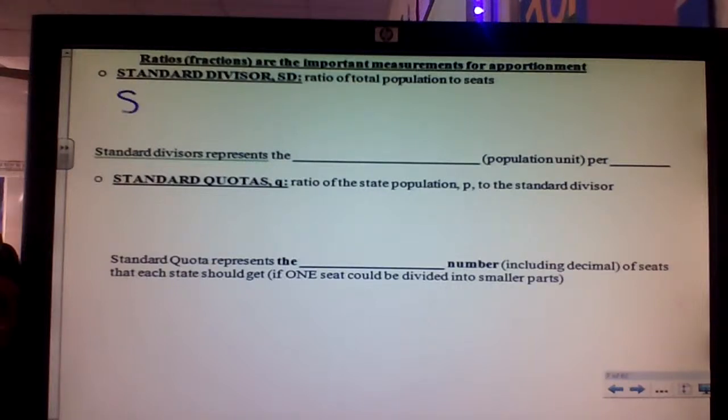What does the word ratio mean? What am I doing if I'm using a ratio? Something to something, comparing. Which can also be written as a fraction. So you're dividing in this instance. Your standard divisor, you take your total population and you divide it by your number of seats.